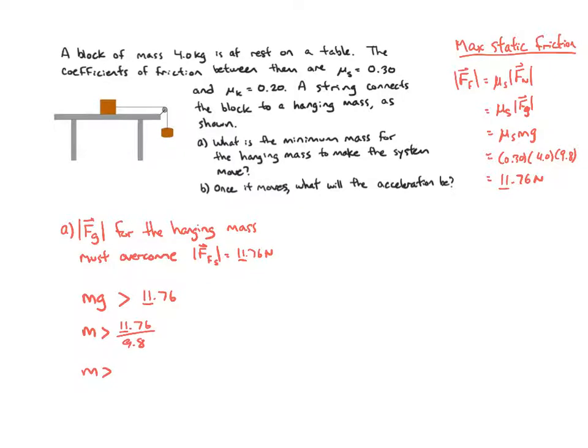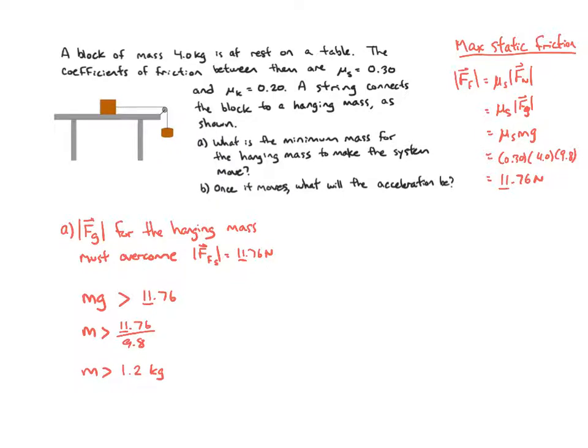So calculator again. And that gives me 1.2. Okay, so that hanging mass has to be at least 1.2 kilograms in order to make the system move. It can be bigger than that, but that's the minimum mass.